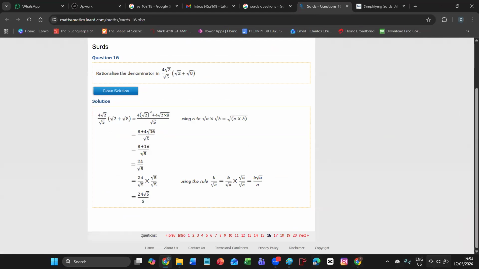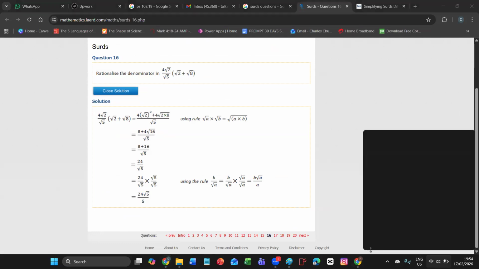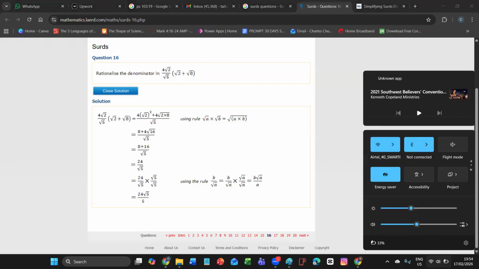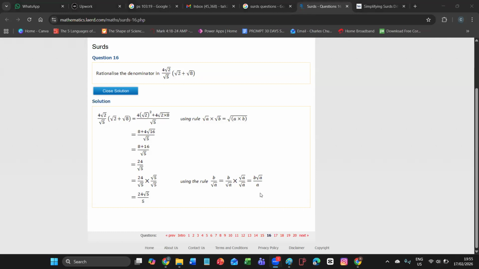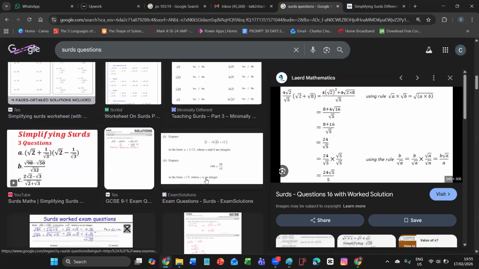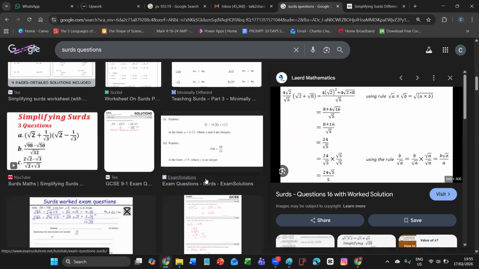Let me check my battery. Okay, I still have battery power. Let me see how far I can go. 33%. Okay. All right. Let me see. Okay, I like this one.